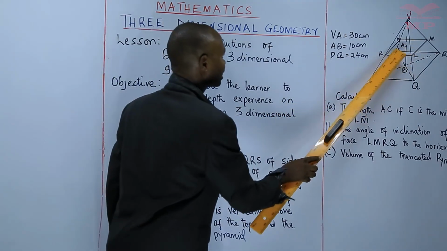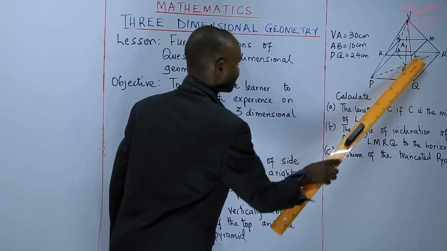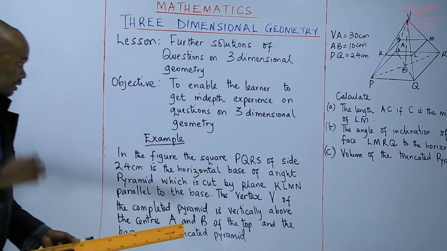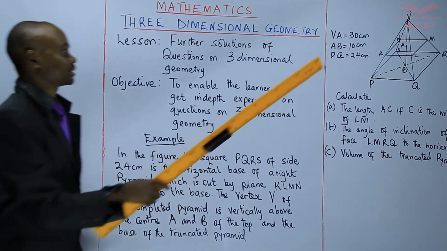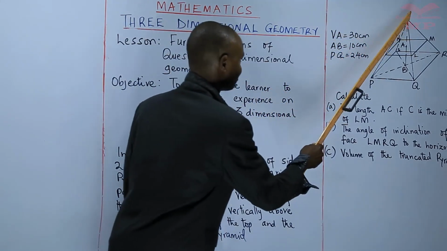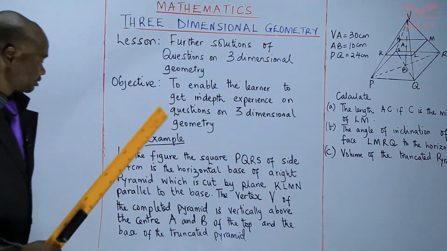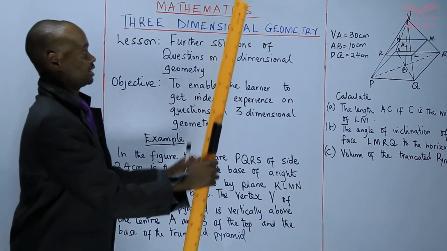This plane KLMN is parallel to that square base. The top of a pyramid is called a vertex. The vertex V of the completed pyramid.